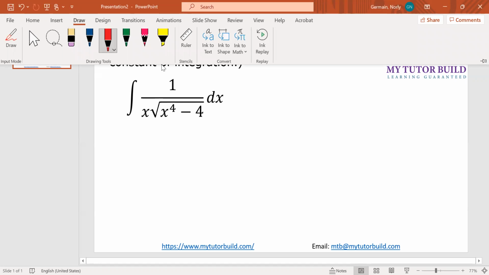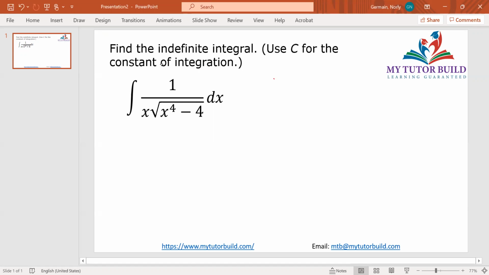For example, one of the formulas for the inverse trigonometric functions for integrations is: if you have something that looks like du over u square root of u squared minus a squared, the answer would be 1 over a arc secant of u over a plus c.